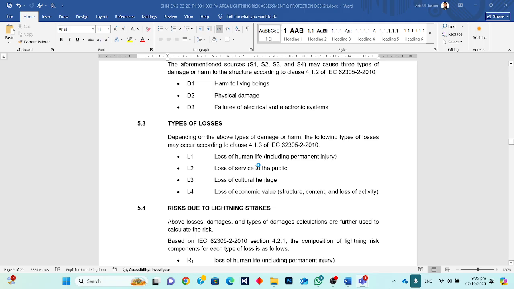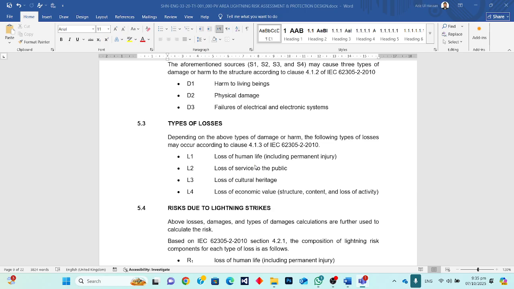Depending on the above types of damages or harms, the following types of losses may occur, as per clause 4.1.3 of IEC 62305-2:2010. As per this IEC standard, L1 is the loss of human lives, including permanent injury.